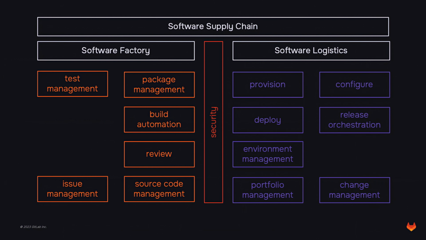All of those things end up going into the software logistics side. And then we even get to the tail end of that, which is change management. So if I've got to wait for a manual approval to make an update to a database, and that's sitting in something like ServiceNow, all of those things on the right-hand side make up software logistics. And across the top, we have the entire software supply chain.